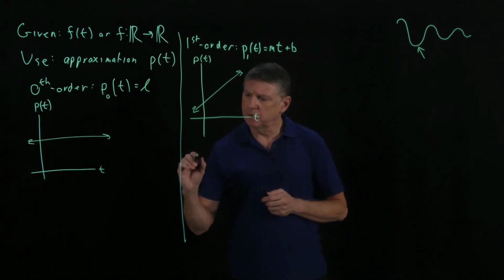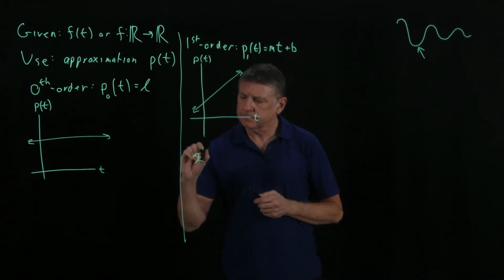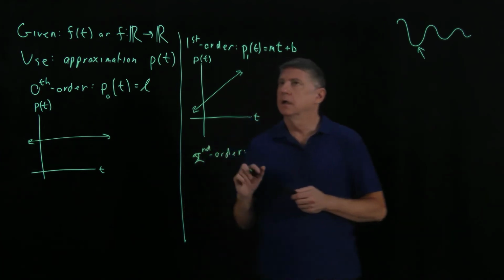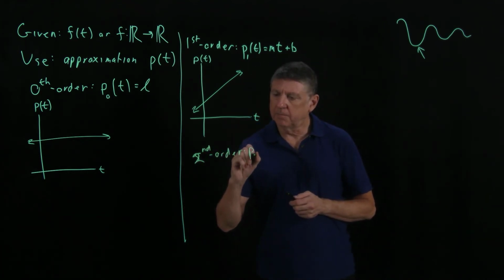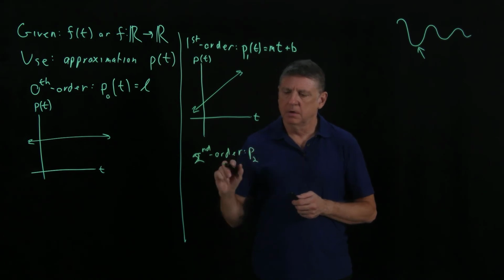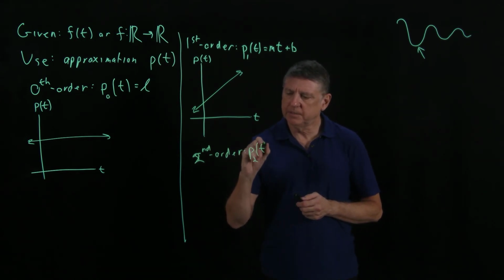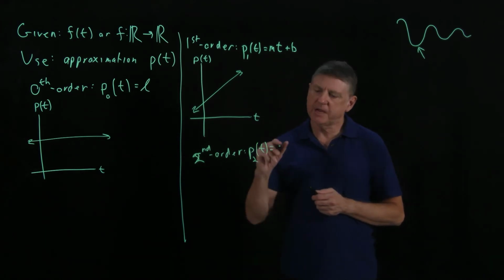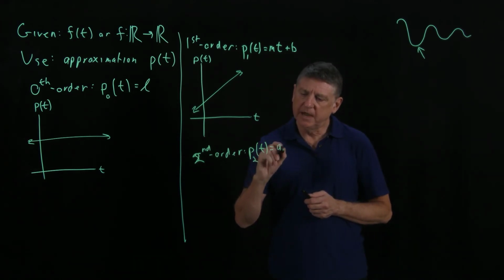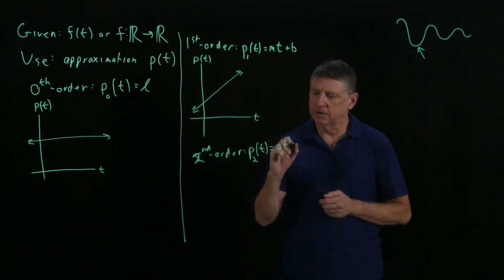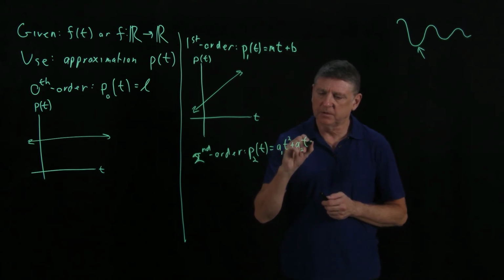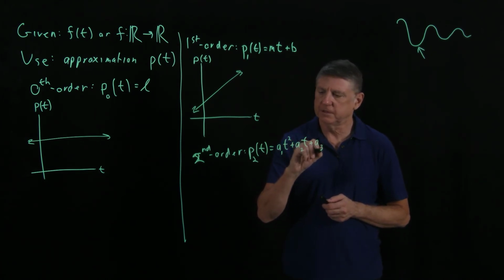The next thing we could try is a second order. And that would be a polynomial, and some sources will strictly put the order as a subscript, and in MATLAB notation, that would be a first coefficient times the square of the argument plus a second coefficient times the argument plus a third coefficient.